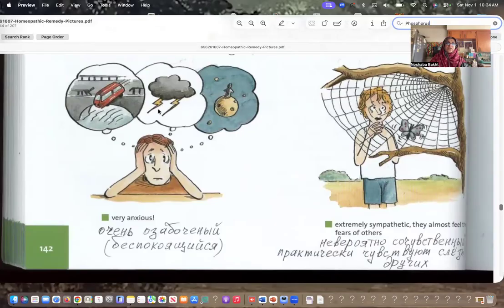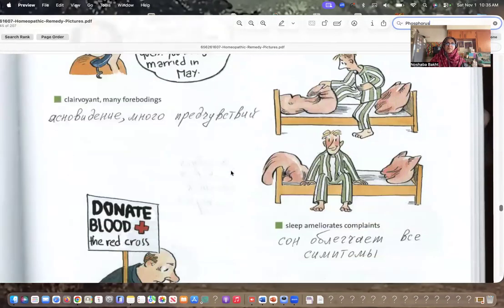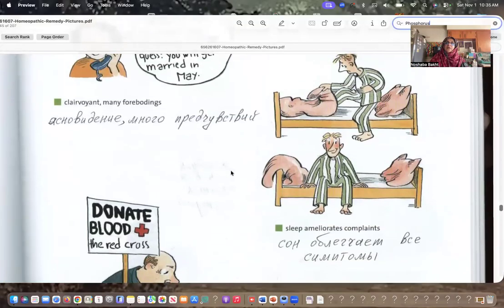This is very important. Thunderstorms, hurricanes and strong wind make them fearful. The best thing which helps phosphorus is sleep. When they go to sleep and get up, they feel good. Sleep is like their medicine.